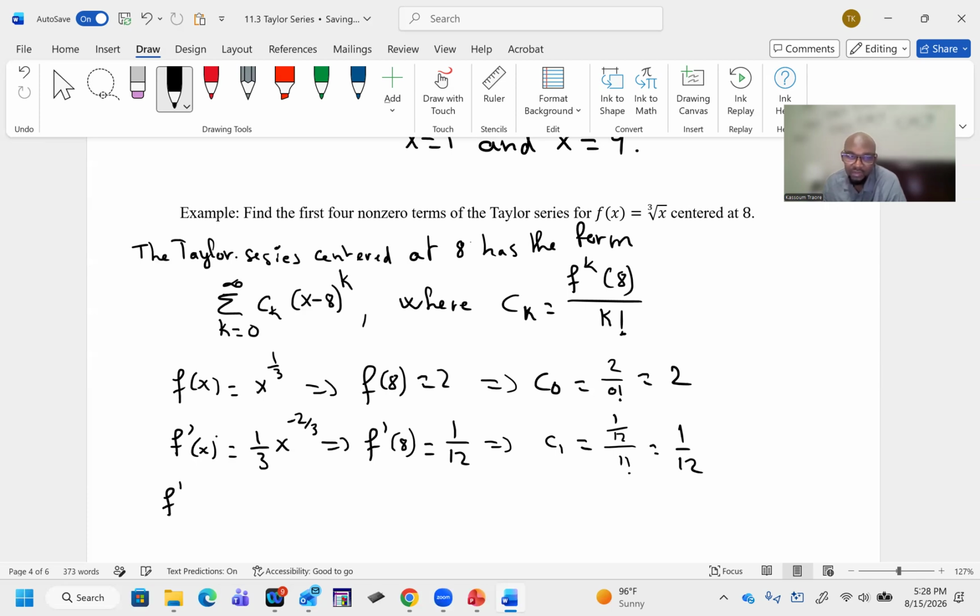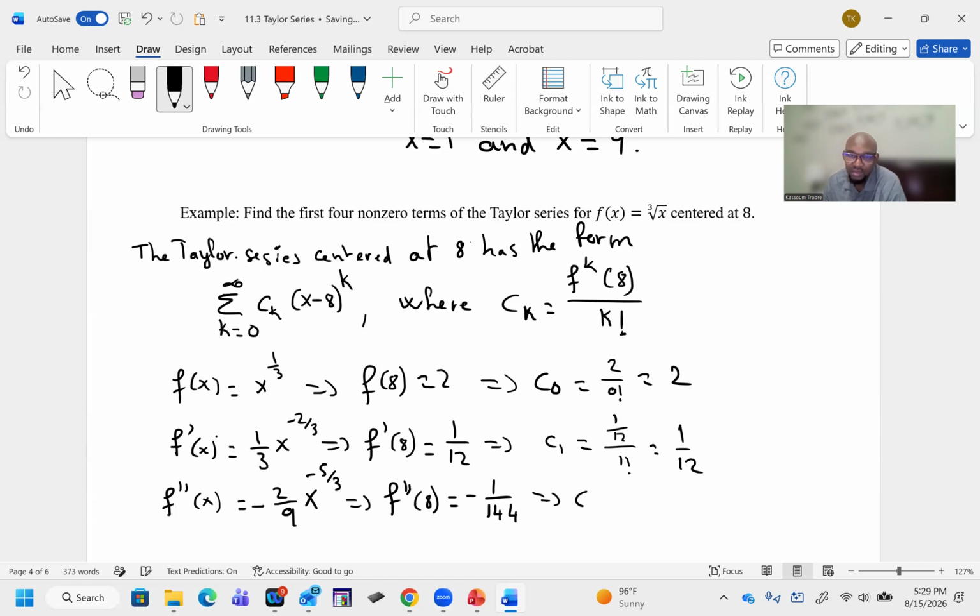The second derivative of f of x will be negative 2 over 9 times x to the power of negative 5/3, which means the second derivative of f at 8 will be negative 1 over 144.